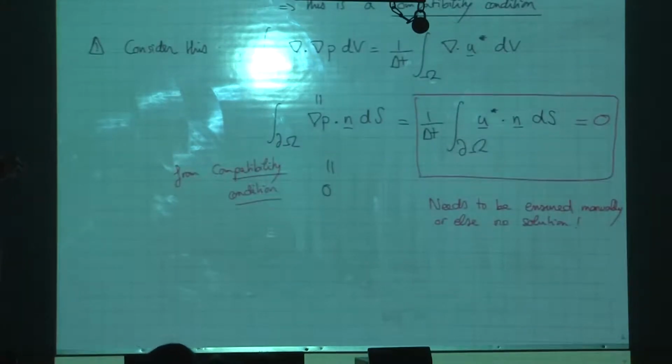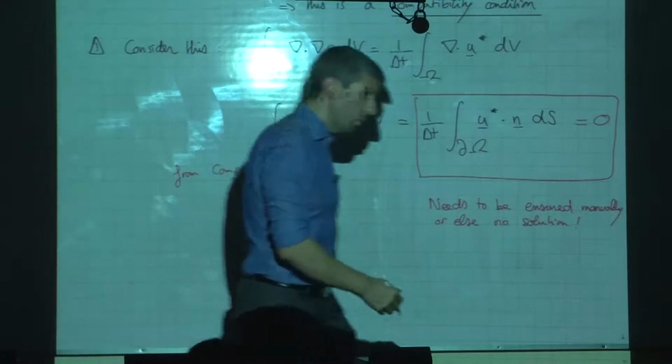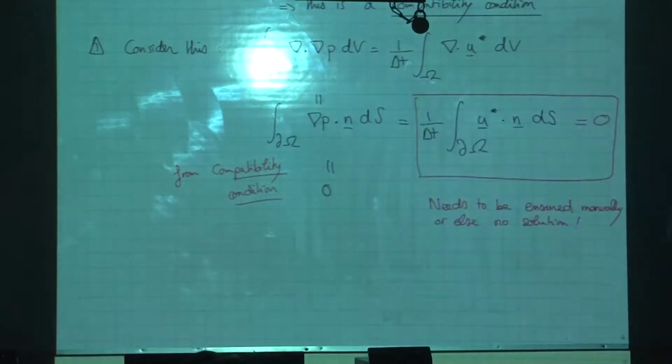Okay, any questions on this at this level? Can you speak up, please? We keep a boundary condition of pressure as 0 at the outlet, or P equal to 1 at the outlet.